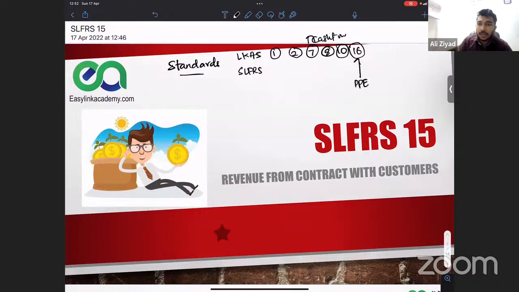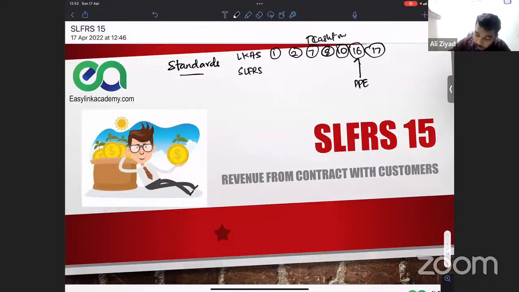Correct. Okay. LKAS 17 is for what? Let's see our memory power. It's lease.